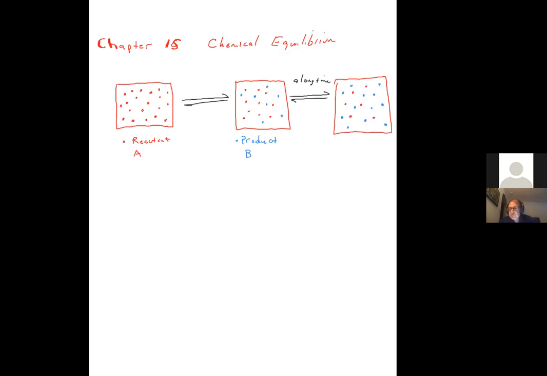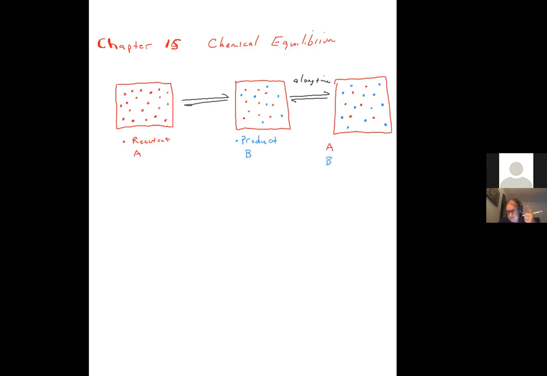So what we would say is that after some period of time, the reaction is going to become stabilized, or the term we use is it will come to equilibrium, which means that there aren't going to be any overall changes in the amounts of materials. If we were to count the amount of reactant A, and the number of product B, we would find that they're not really changing over time anymore.